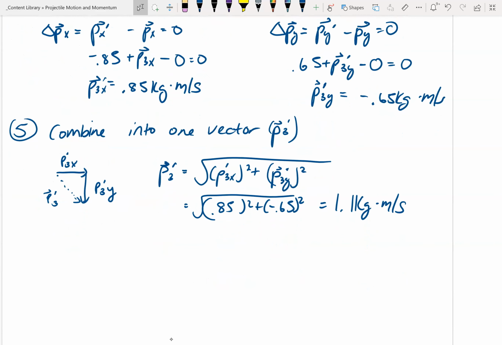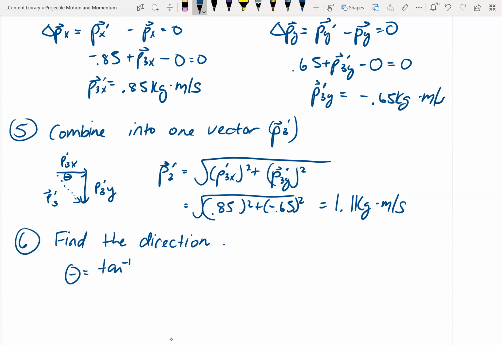Now we have the magnitude. Now we want to find the direction. We're looking for that angle right there, which is tan inverse of P3y prime over P3x prime, which is 0.65 over 0.85, or tan inverse of that.